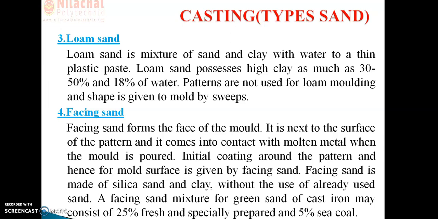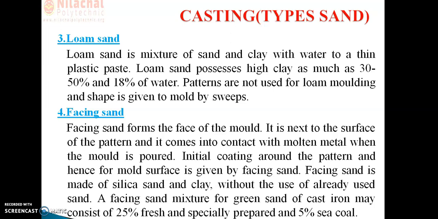Then let us discuss facing sand. Facing sand is fresh and specially prepared molding sand which covers the pattern from all around. Facing sand forms the face of the mold cavity.